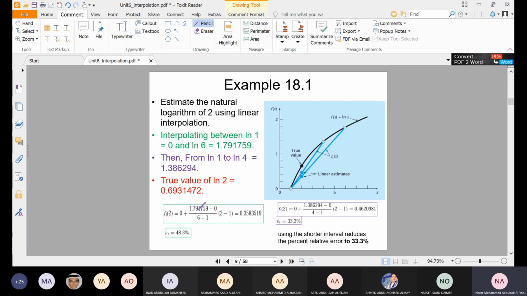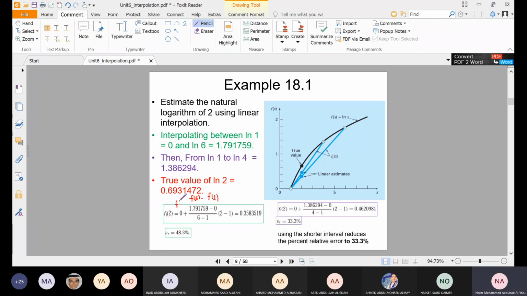So in this example, by using linear interpolation, you can see this is f of 6 minus f of 1.